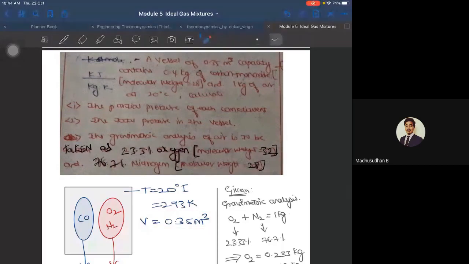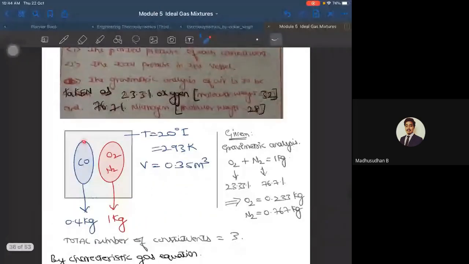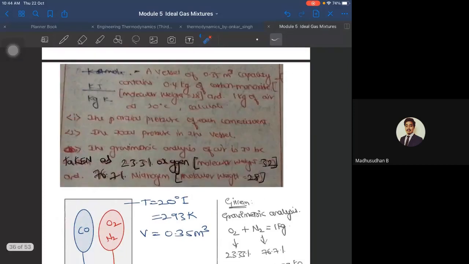It contains 0.4 kg of carbon monoxide, which has a molecular weight of 28. Now at 20 degrees Celsius, nowhere I guess the temperature would affect us, so just convert it into Kelvin and keep it. That much only he has given.